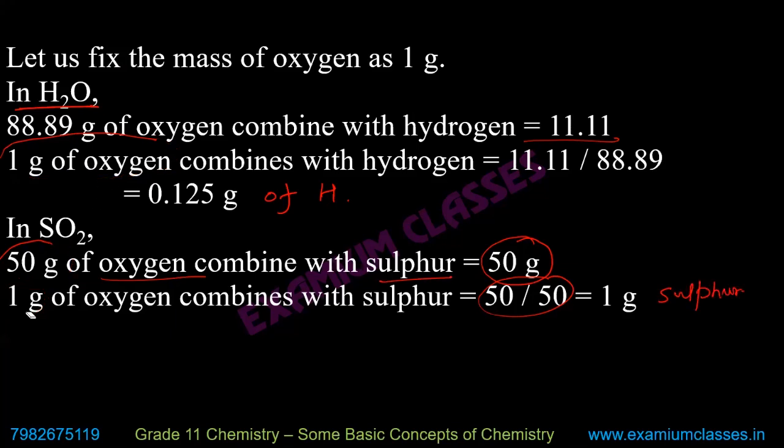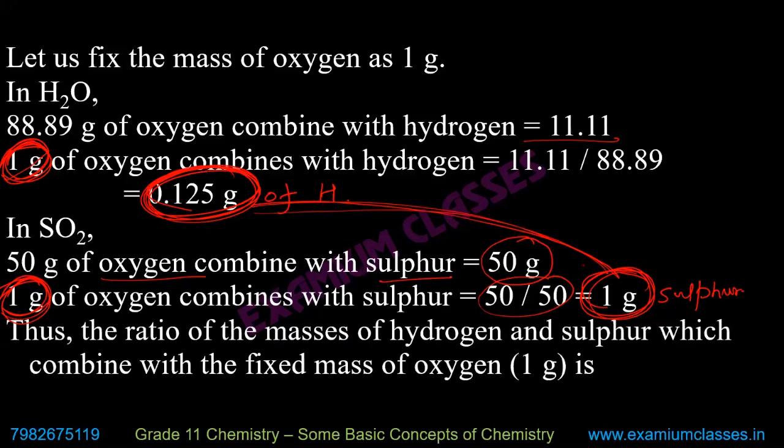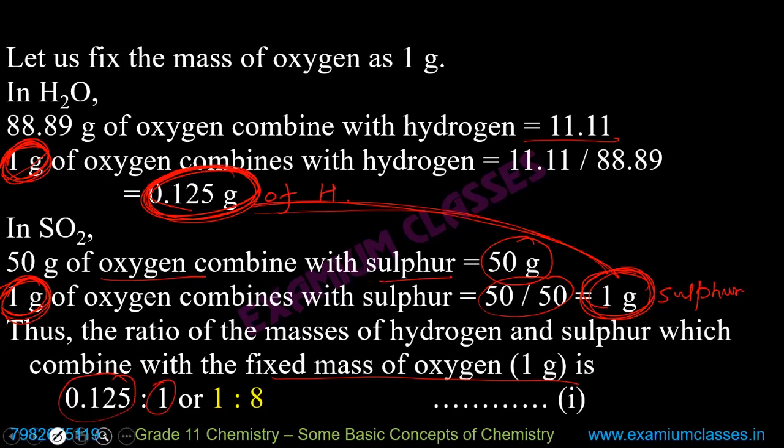So for a fixed mass of oxygen, 1 gram, we have hydrogen as 0.125 gram and sulfur as 1 gram. It means we need to calculate the ratio of these two. So the ratio of masses of hydrogen and sulfur, which combine with a fixed mass of oxygen, 1 gram, is 0.125 is to 1, that is 1:8.